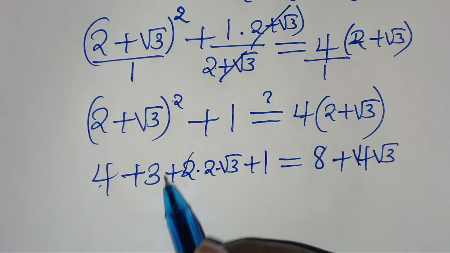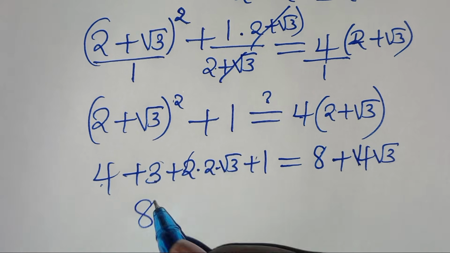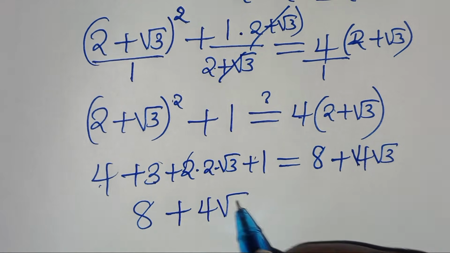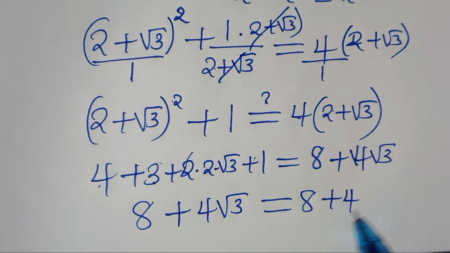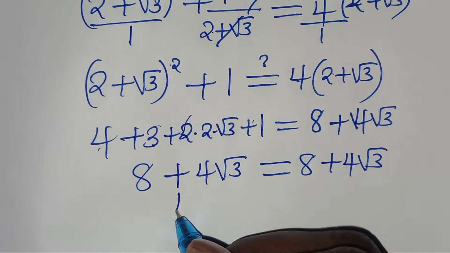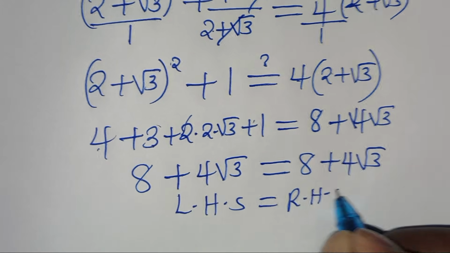So 4 plus 3, this is equal to 7. 7 plus 1, this is 8, then plus 2 times 2, this is 4, root 3, and this is equal to 8 plus 4 root 3. So you can see here clearly that the left hand side is equal to the right hand side.